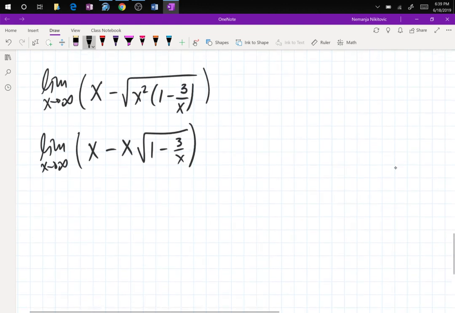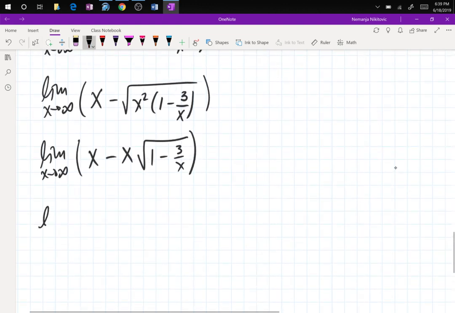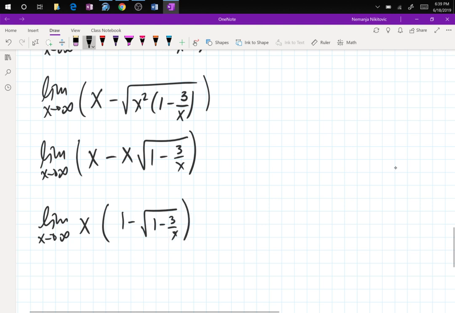And finally, I can factor out x, leaving 1 minus the square root of 3 over x in the parentheses.